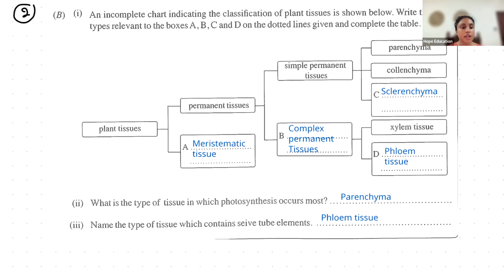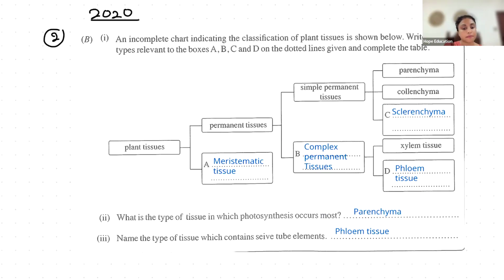Okay, so this is the B part. I hope that's clear. Let's move on to the C. The C part is about oxygen again. Let me get the C part to the whiteboard.